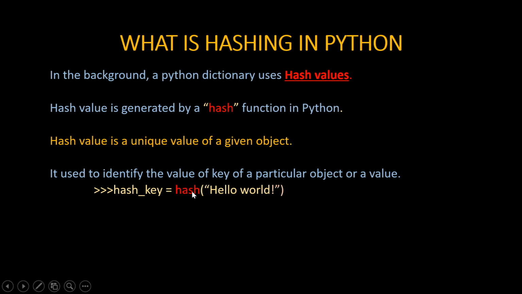So hash_key is a variable equal to hash, where hash is a function as we discussed here. In the hash function, let's say I have the string "hello world!"